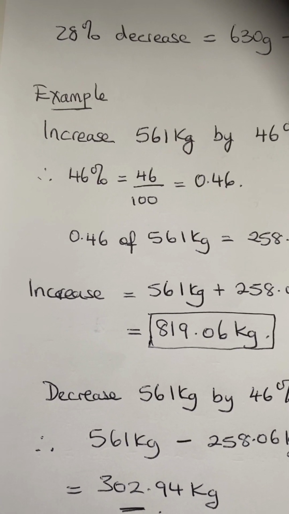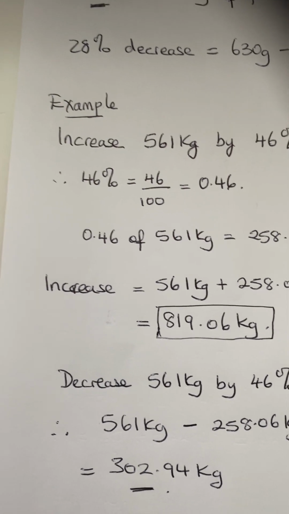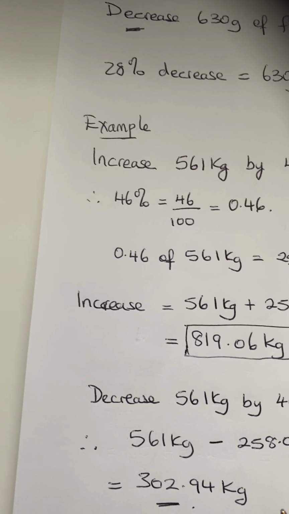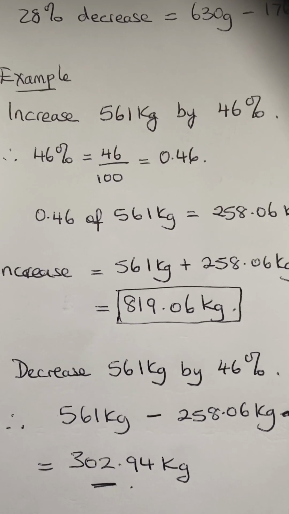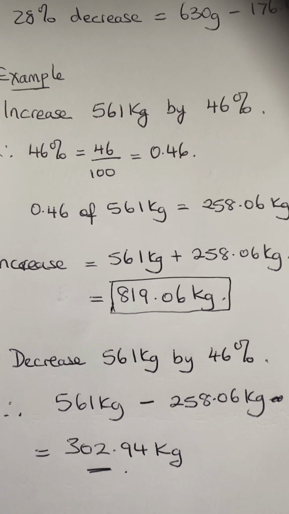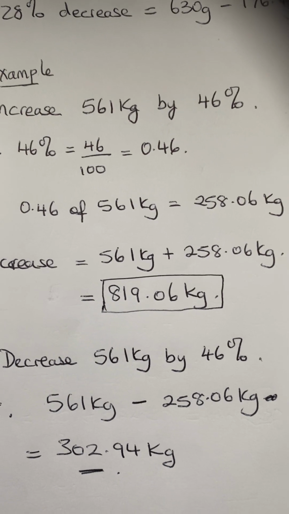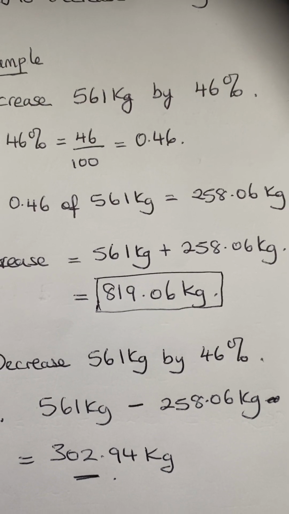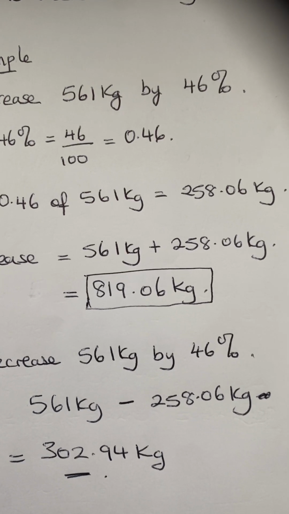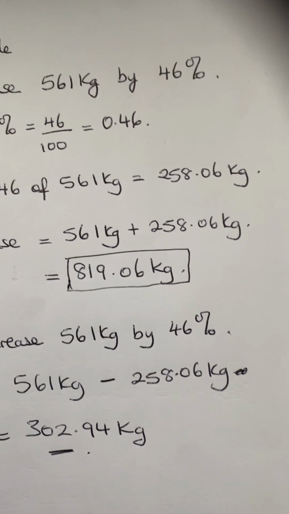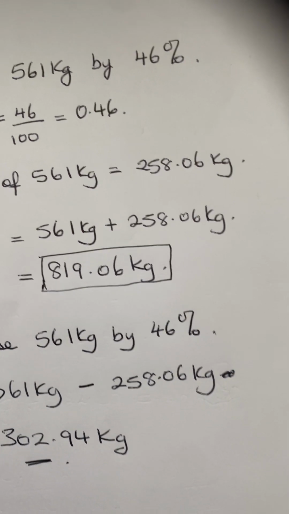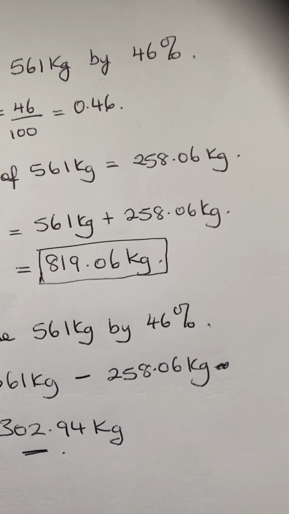Another method is, as we found earlier, you can do the 0 point straight away. If they ask you to find 26%, you do 26 out of 100, change it to the decimal, which is 0.26.